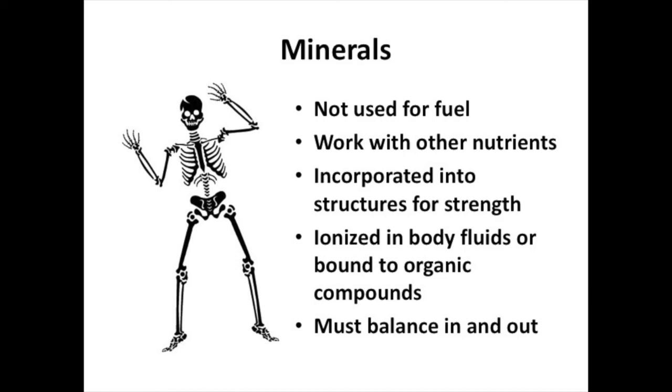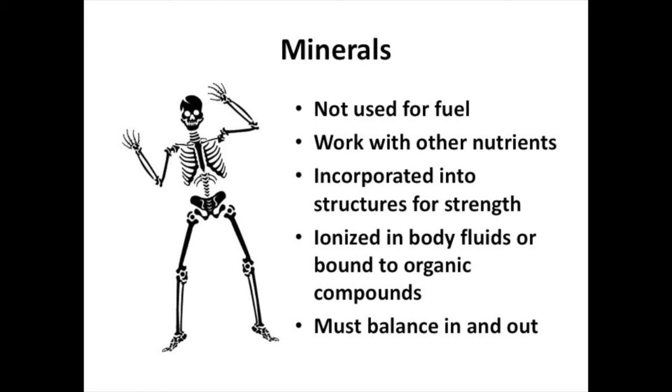So, pretty similar to the way vitamins were, you don't use a mineral for fuel. They do work with other nutrients, but typically these are things incorporated into structures for strength. So things like calcium and magnesium, those are really critical to bones. We see several of these ionized into body fluids, so sodium and potassium, calcium, chlorine. Those are critical for neuron function, for muscle contraction. And we have to balance the in and out of these.